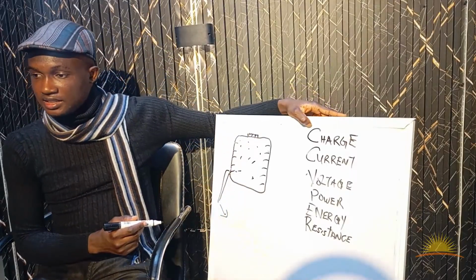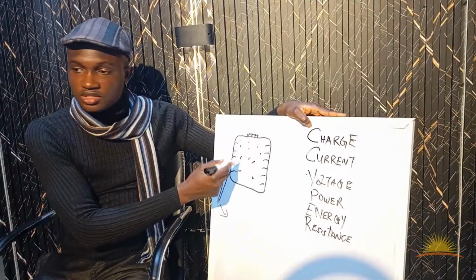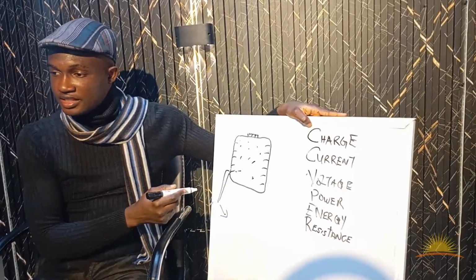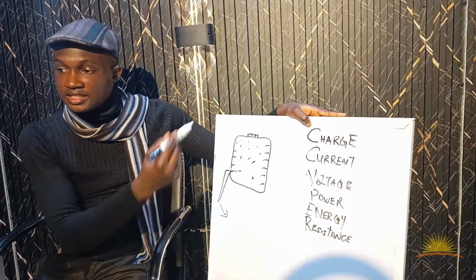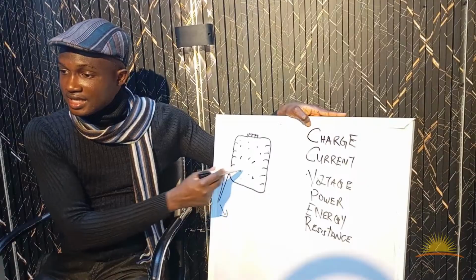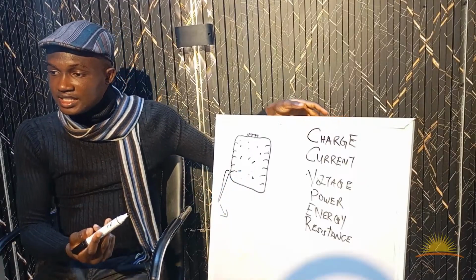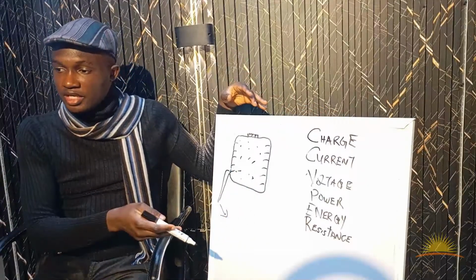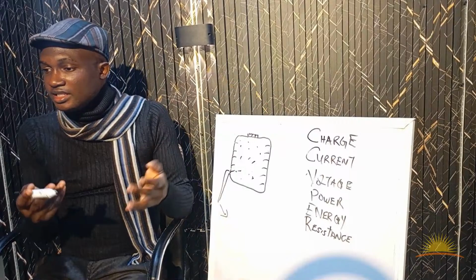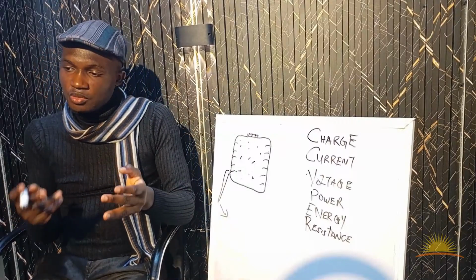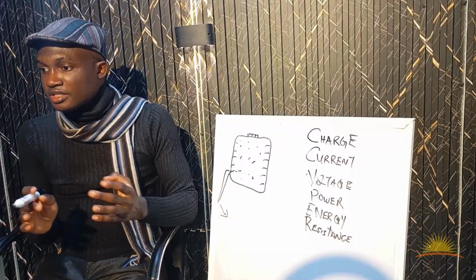Let's take charge. Charge is what is stored inside a battery. Compared to a storage tank, charge will be the water inside the tank. A charge is not really a physical component that you can just open the battery and find.